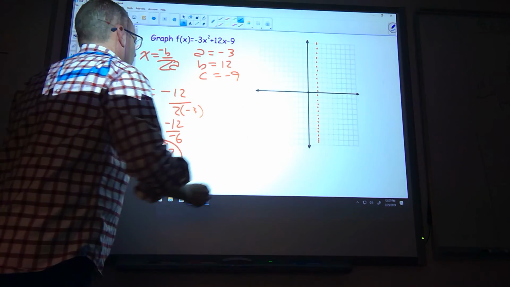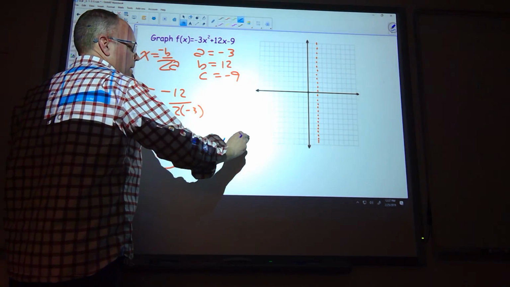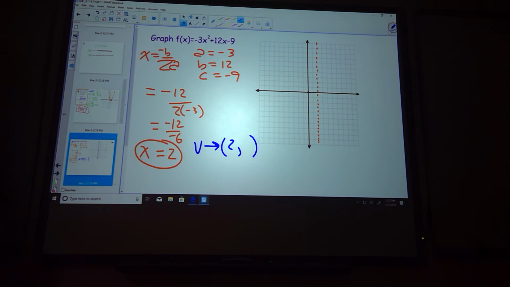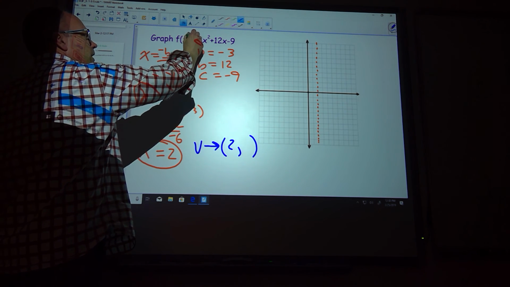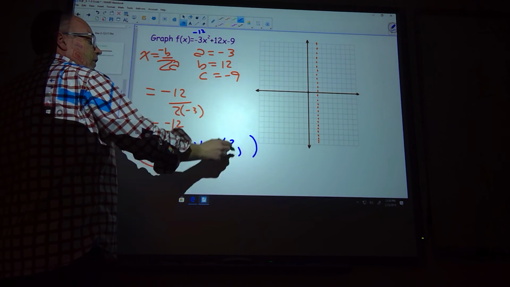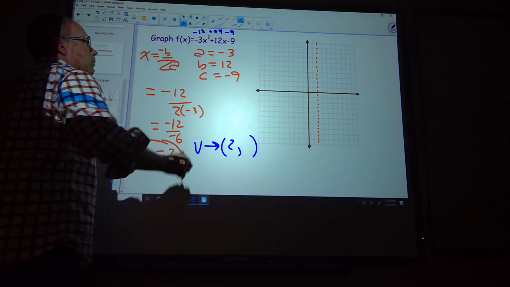Let's find the rest of my vertex. I know I'm at 2, something. How do I find the something? Plug it in. So I get 2 squared, that's 4. 4 times negative 3 is negative 12. Then 12 times 2 is 24, minus 9.